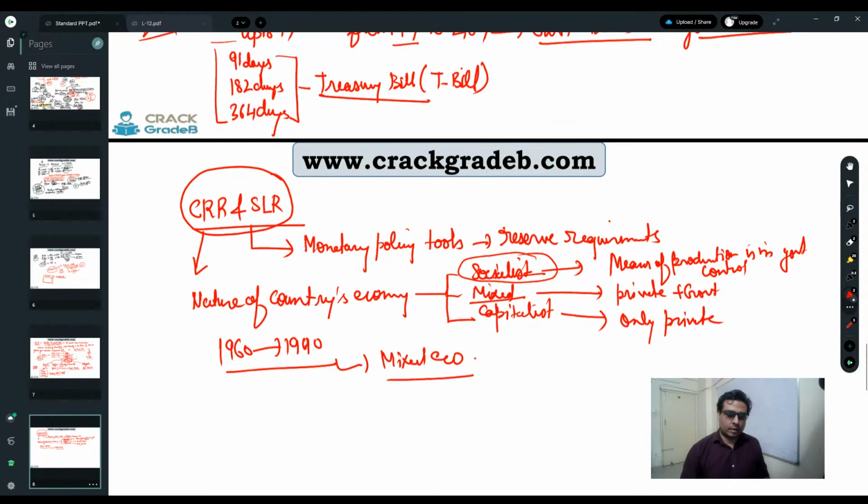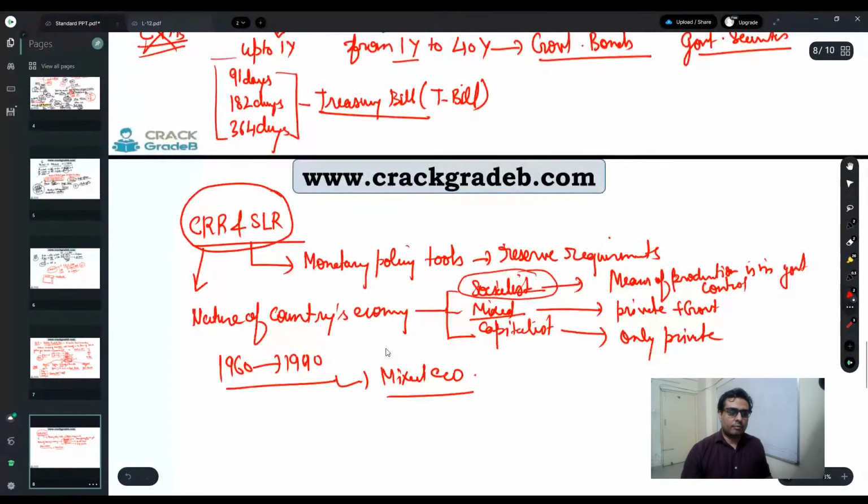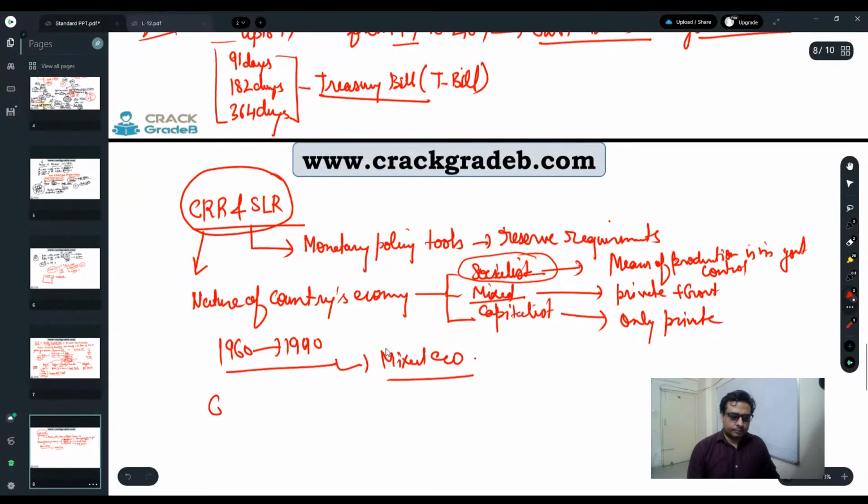Why was it so difficult? Because most of the production activity is done by the government. Number one. Number two, government through RBI's monetary policy, CRR and SLR.